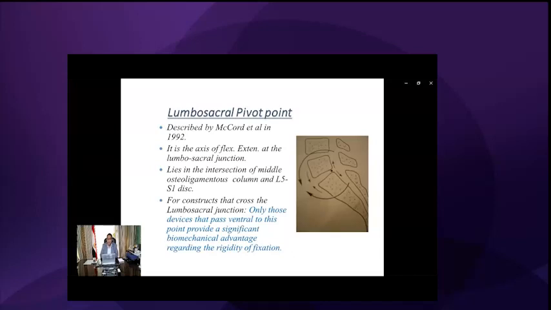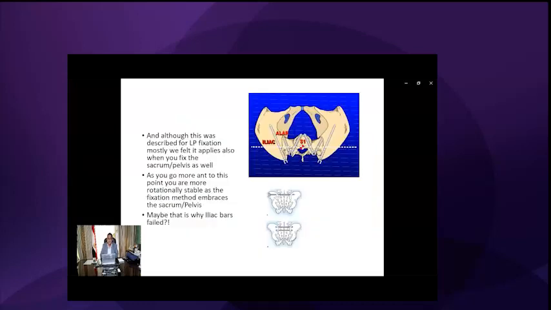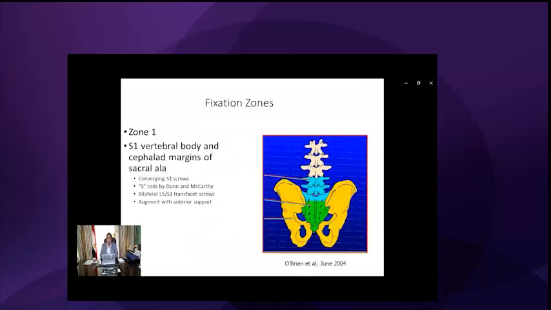And for any construct that would stabilize the area around this articulation between L5 and S1, only those devices that pass at least partially ventral to this point would really add to the biomechanical advantage of fixation around this area. And I will talk a bit more about this during my talk.